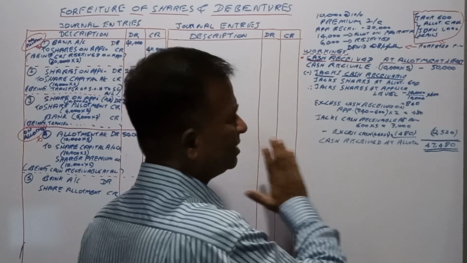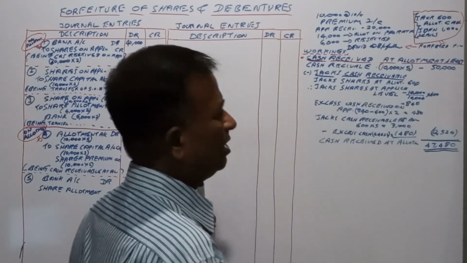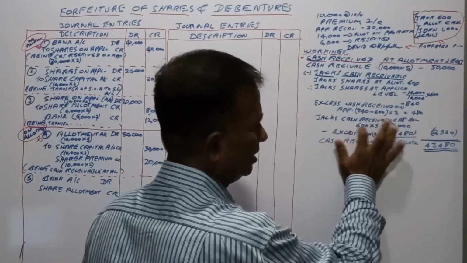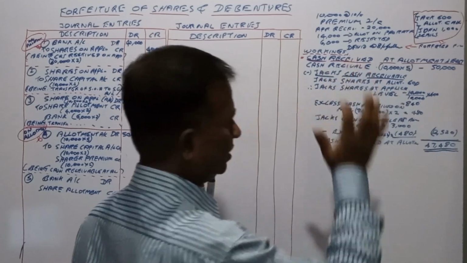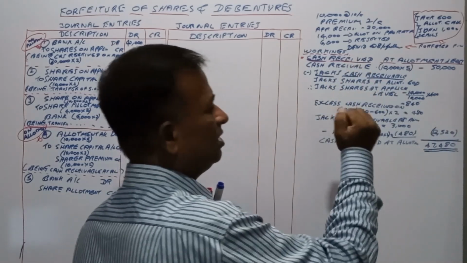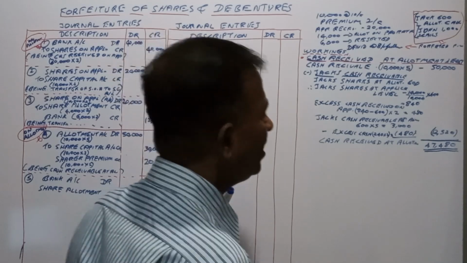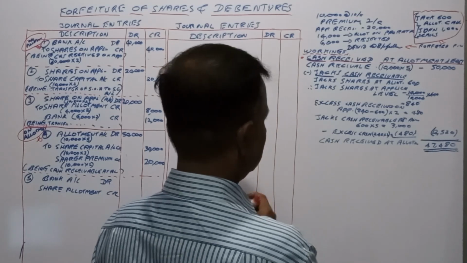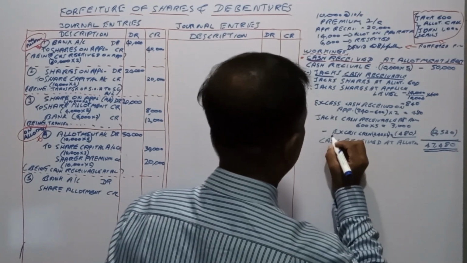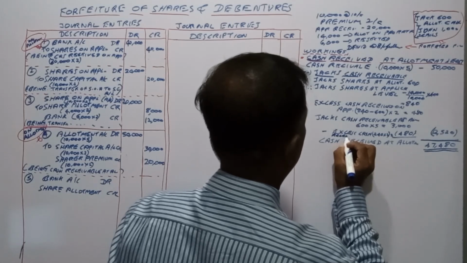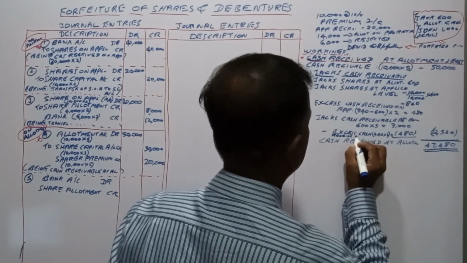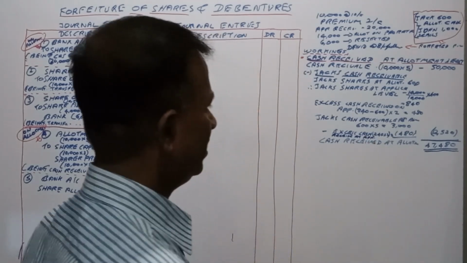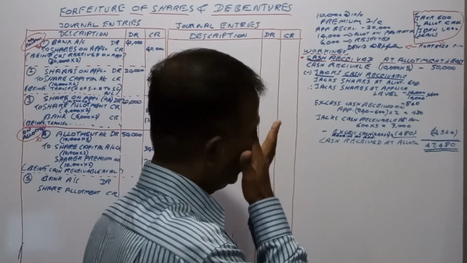So Jack's cash receivable at allotment level is 600 shares into 5 rupees, that is 3000, minus excess cash received at application level, that is 240 into 2, that is 480.